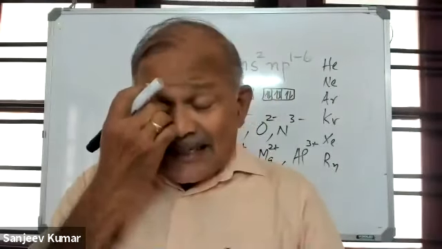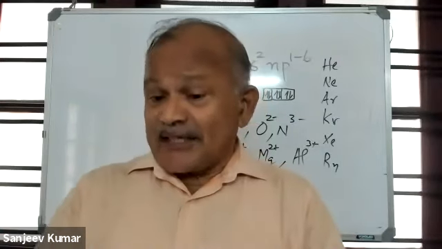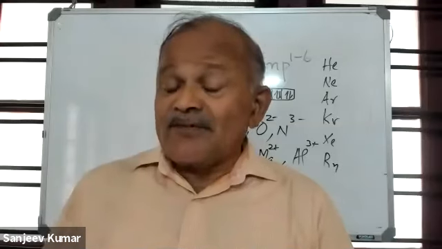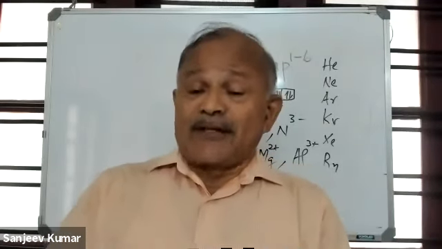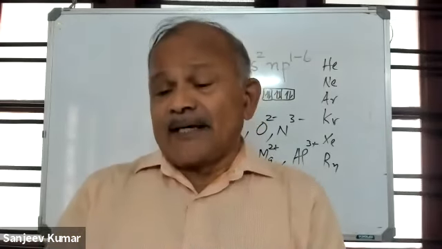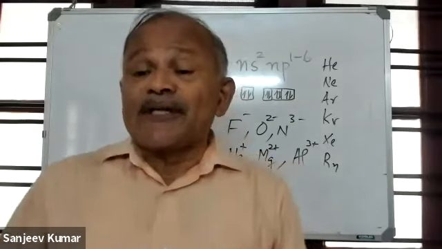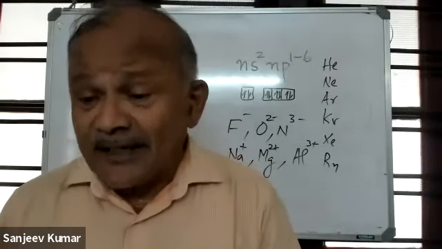That is, when a bond is formed, energy is released, it is exothermic. And when the bond is broken, energy will be absorbed, that means it is endothermic. And bond enthalpy is the bond dissociation enthalpy, the energy required to dissociate 1 mole of a particular bond.